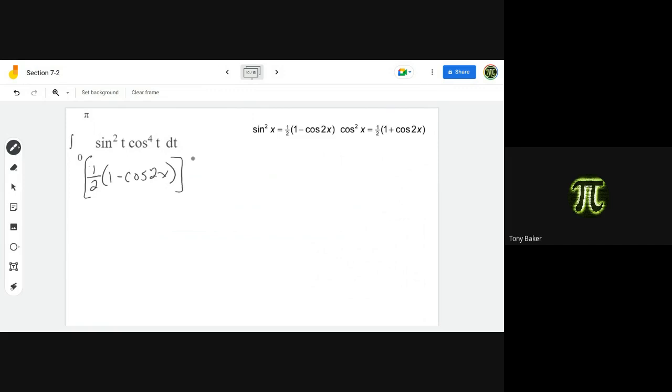And now if I do my cosine, I have cosine to the fourth. That's the same thing as saying cosine squared x, squared, right? So I can do this, I just have to square it. So it's 1/2 times 1 plus cosine 2x, squared.